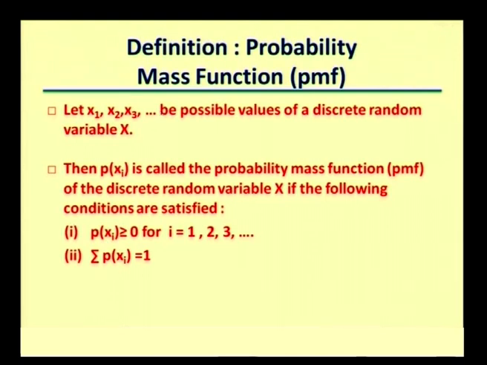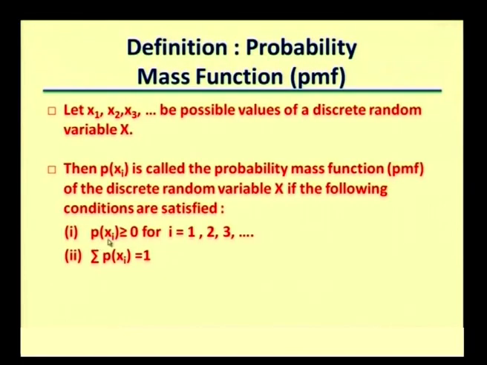Okay. So x1, x2, x3, etc. are the possible values of a discrete random variable x. Then P of xi is called probability mass function of the discrete random variable x if the following conditions are satisfied. Basically, probability mass function is a function of the probability.